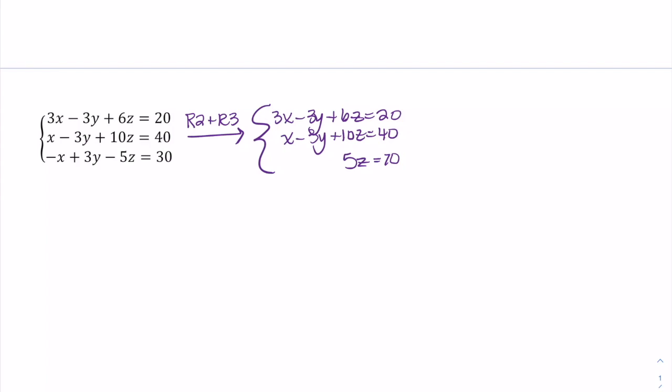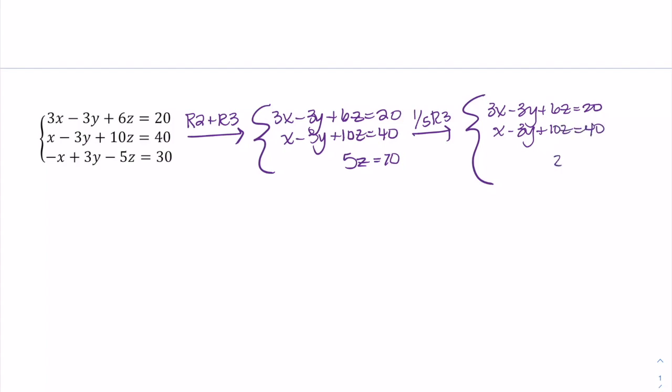We want to multiply row 3 by 1/5 so that we have just z. And we know that z is equal to 14.